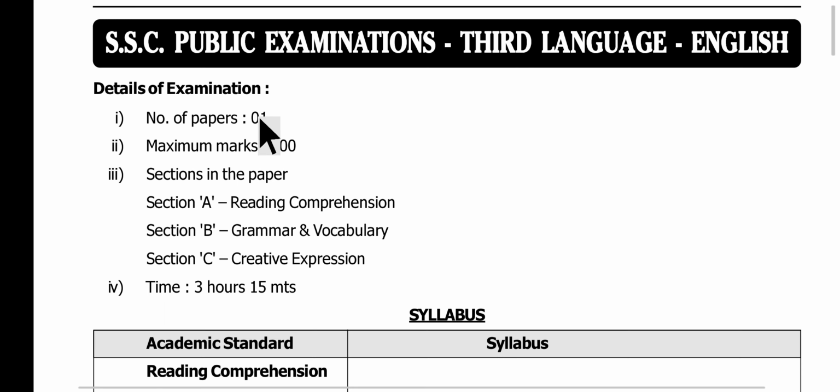Now, for the last couple of academic years, it has been revised to a single paper having 100 marks in total. And there are 3 sections in the English question paper, namely section A, reading comprehension, which will have questions from question 1 to 17, section B, grammar and vocabulary, and section C, titled creative expression, including the written discourses and various thoughtful expressions.